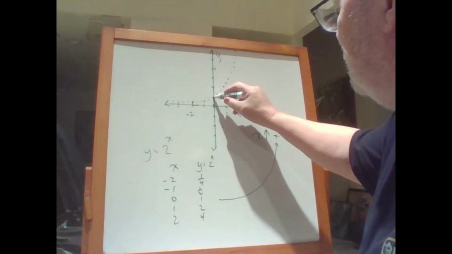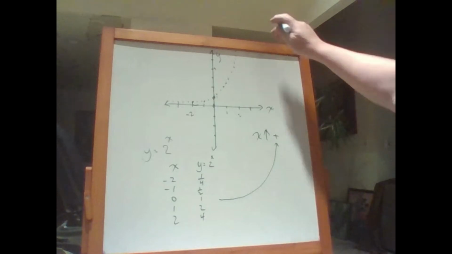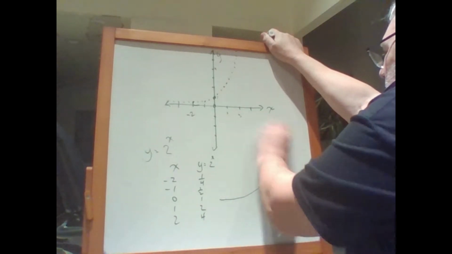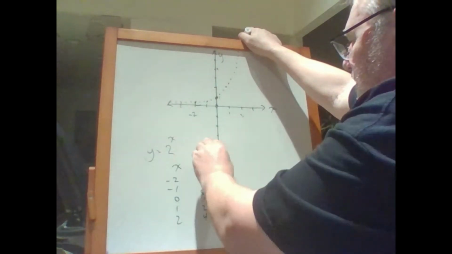And when x is 0, y is 1. All exponential functions behave this way. Okay, so that's what we have for 2 to the x.